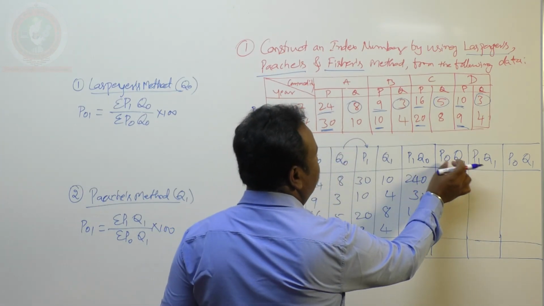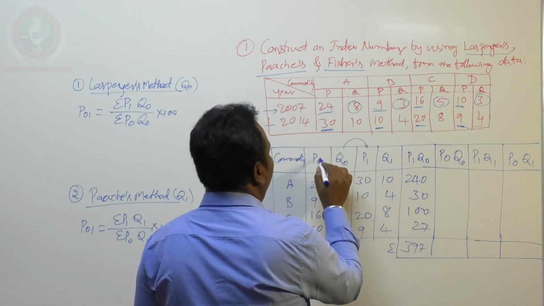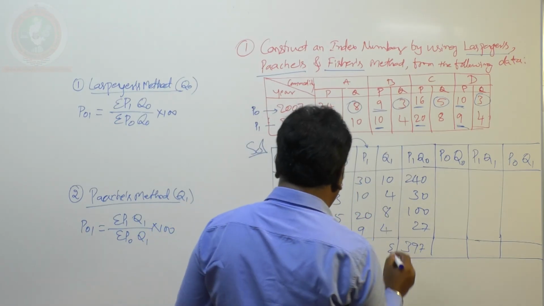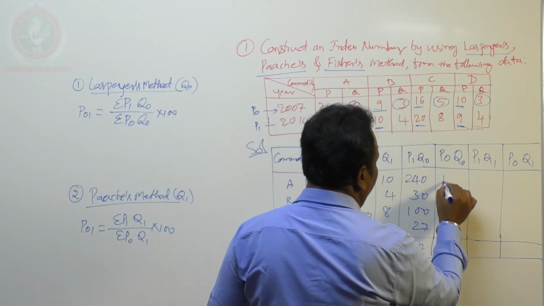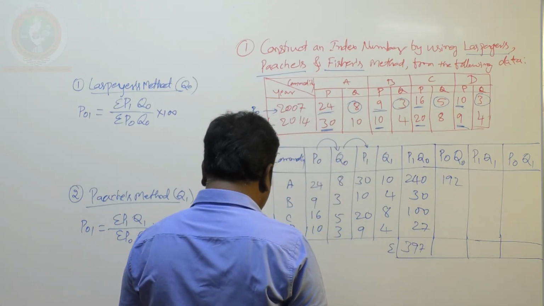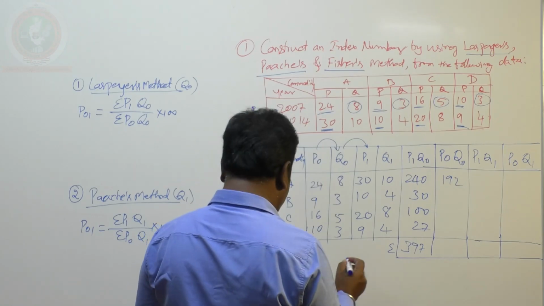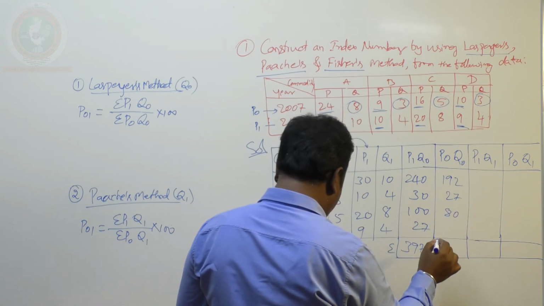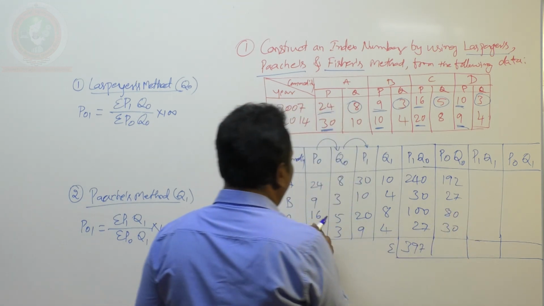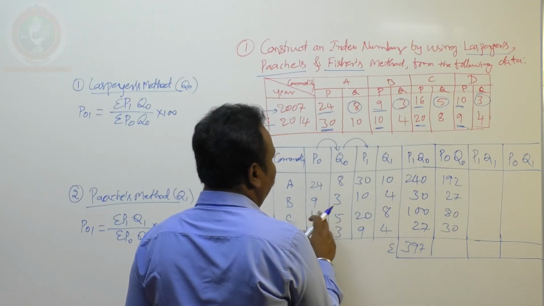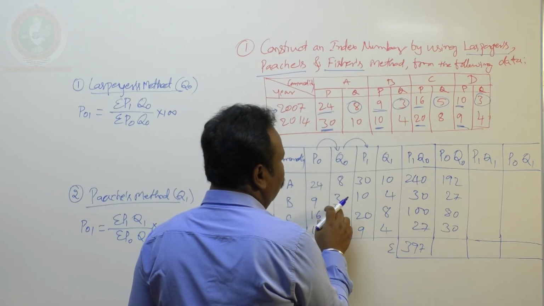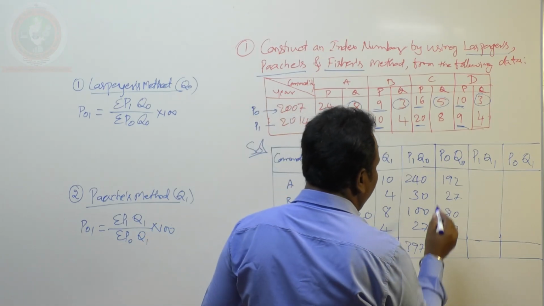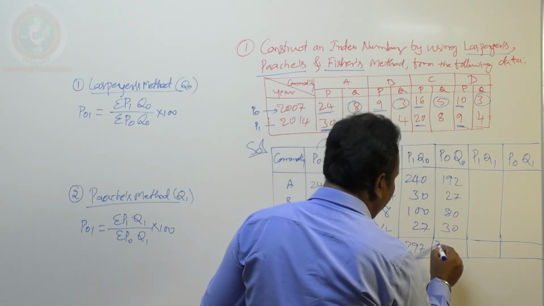Like that, P0 Q0 is the multiplication of these two: 24 into 8 is 192, 9 into 3 is 27, then 80, then 30. So, the summation of P0 Q0 is 329.